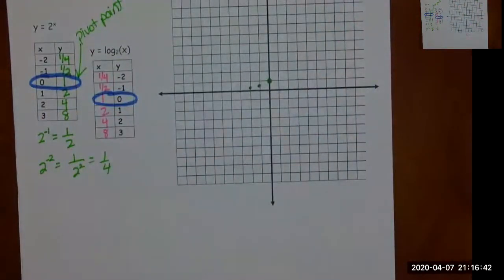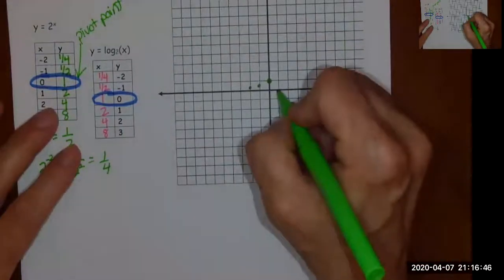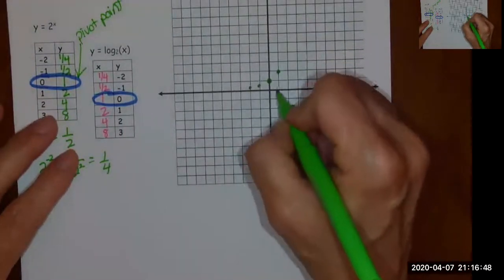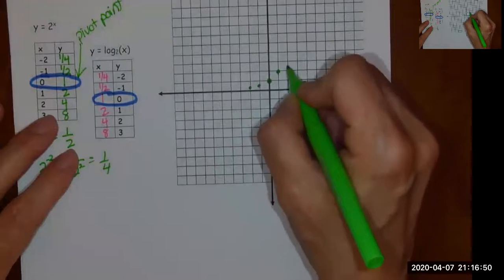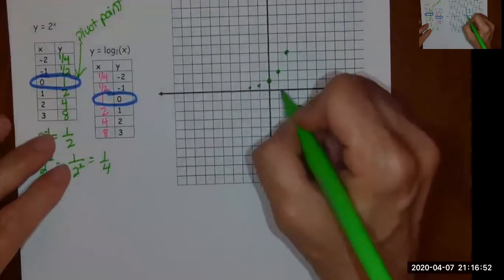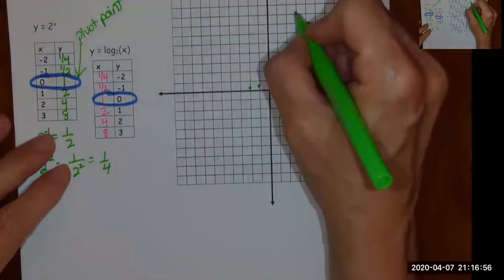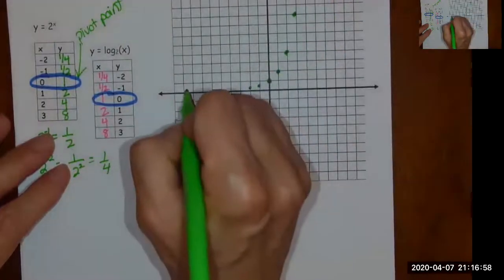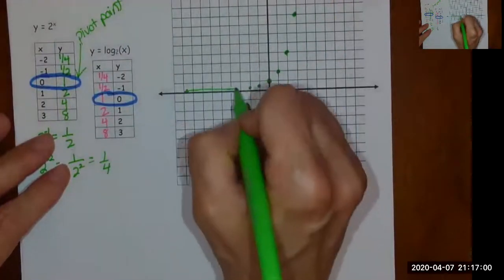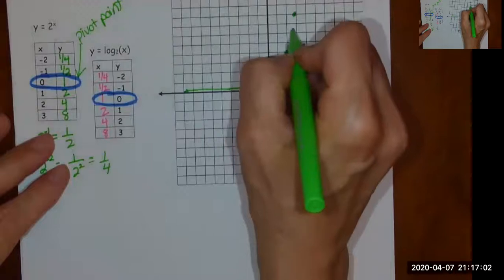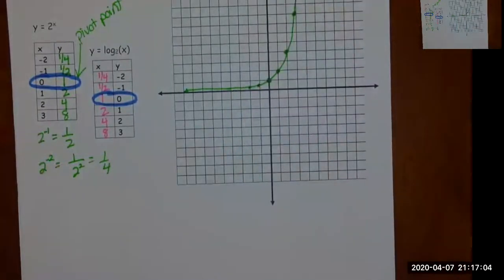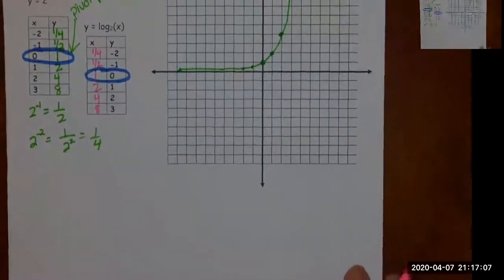Okay, and it's kind of where the graph changes direction. So you can see what that looks like.